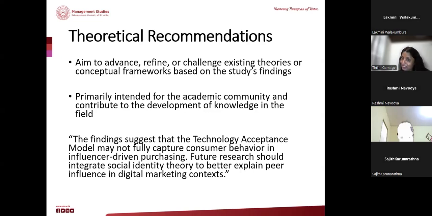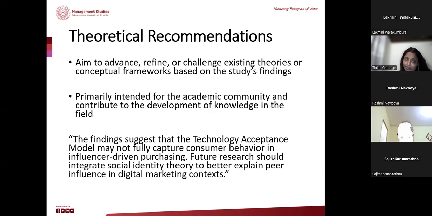But unfortunately, I have seen some students who are not very clear about the theoretical underpinning of the study or the theoretical framework that they have used, but they worry when it comes to theoretical recommendations. So it's very difficult. At this stage, you can't go back and correct that mistake.